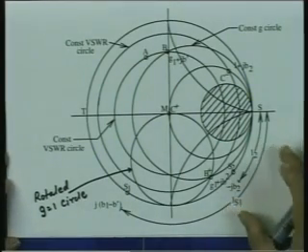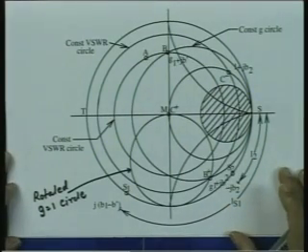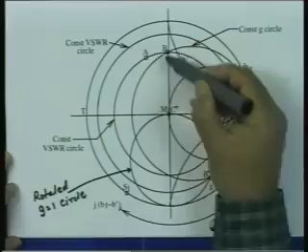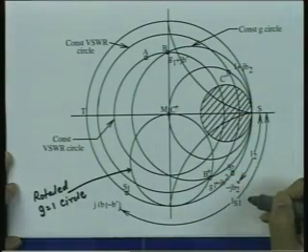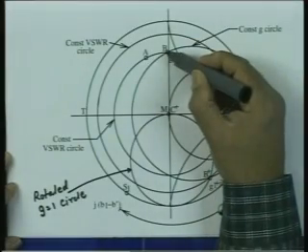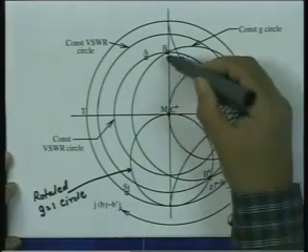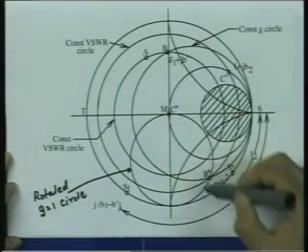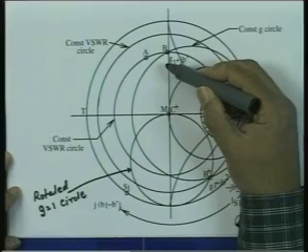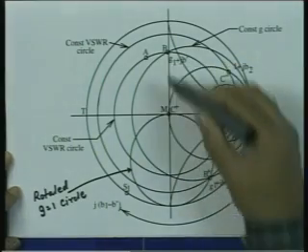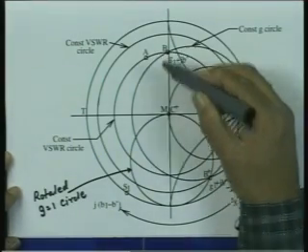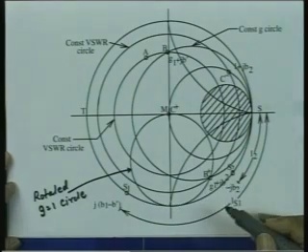How do we find the length of the first stub? That length should give me a susceptance which brings the point from this to this. So if I know the susceptance at this point, the difference of these two, this minus this, because the conductance is the same at these two points, is to be provided by stub 1.